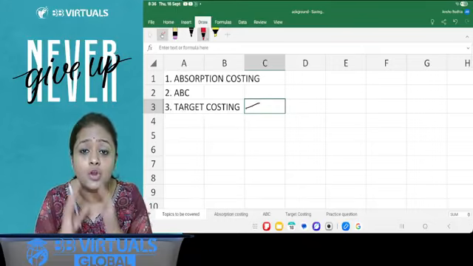So let's quickly discuss these pointers. First, I am on absorption costing. Today these 3 topics are going to be discussed. Absorption costing we had touched upon in the last class. Quickly I will tell you the steps that we generally apply in an absorption costing environment. I want to make it absolutely clear to even MA students who may be watching this, that this is the area of your MA syllabus as well: absorption costing, ABC and target costing.